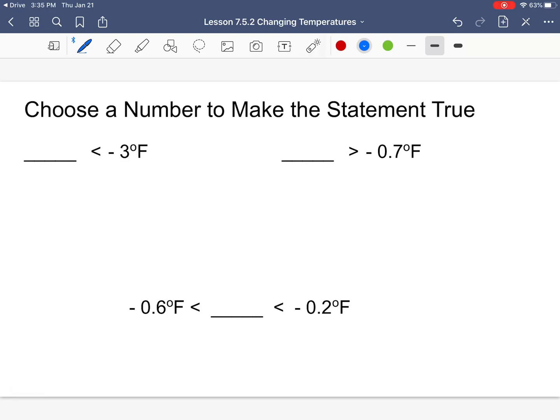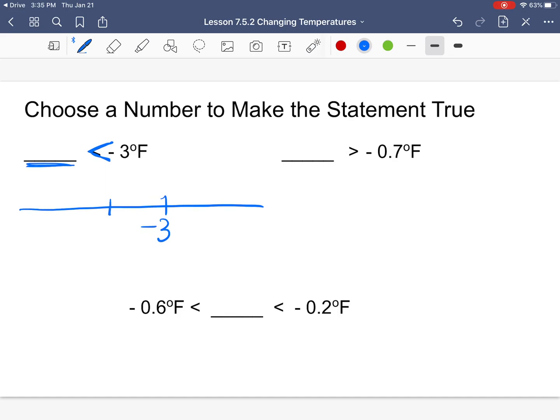Let's have some practice with number lines here. So choose a number that's less than -3. I say less than because the narrow end of this inequality symbol is pointed towards the number you're going to choose. So -3.